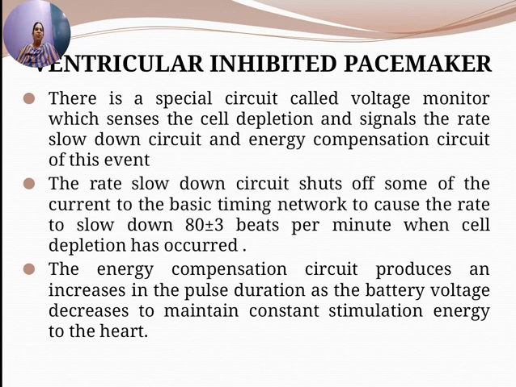When cell depletion has occurred, the voltage monitor circuit senses it and signals the rate slowdown circuit. The slowdown circuit shuts off some of the current to the basic timing network to cause the rate to slow down 80 plus or minus 3 beats per minute.